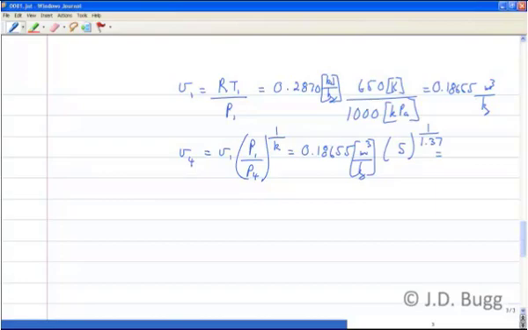So this gives us a volume at 4. And remember, the reason we're looking at this is that's also the volume at 3. So we get 0.60394 meters cubed per kilogram when we calculate that out. So therefore, V3 is the same number. So very important to look both directions from these points to get information about them.